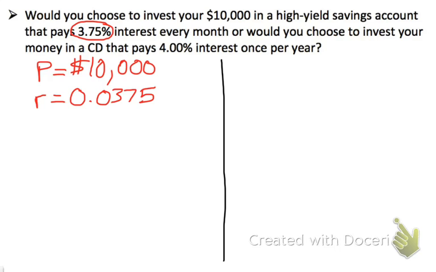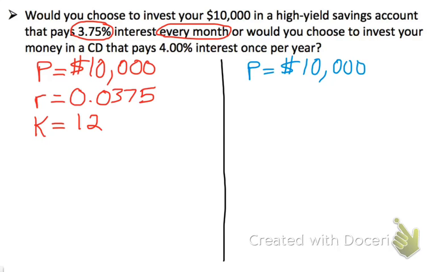That interest is being compounded every month, so our K is 12. In our second example, we're investing the same amount, $10,000 principal, and this rate is 4%, so the decimal version of R is 0.04, and the interest is compounding only once per year, so K in this case is 1.